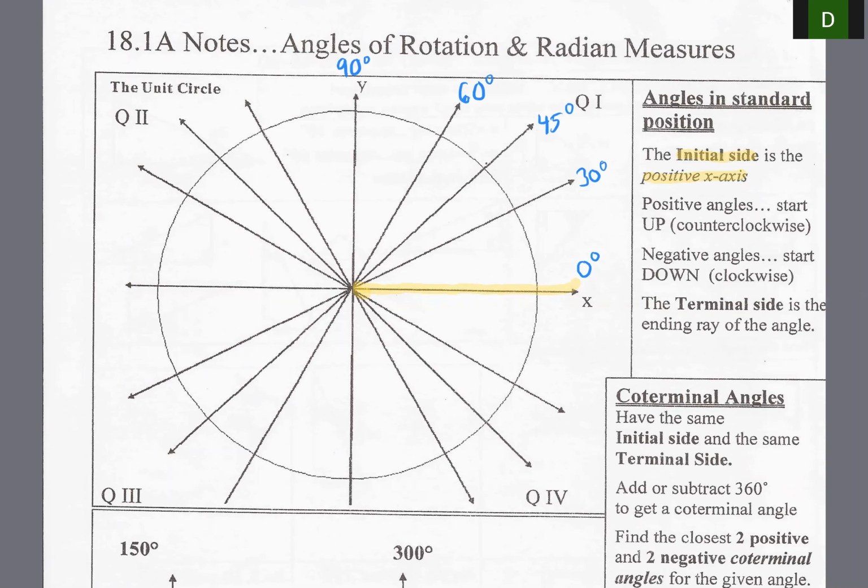Now I'm going into quadrant 2. You see the Q stands for quadrant. You guys have all learned the quadrants before, right? Quadrant 1, quadrant 2, quadrant 3, and quadrant 4, using Roman numerals. So when I continue into quadrant 2, it's going to be 135 degrees, then 150.